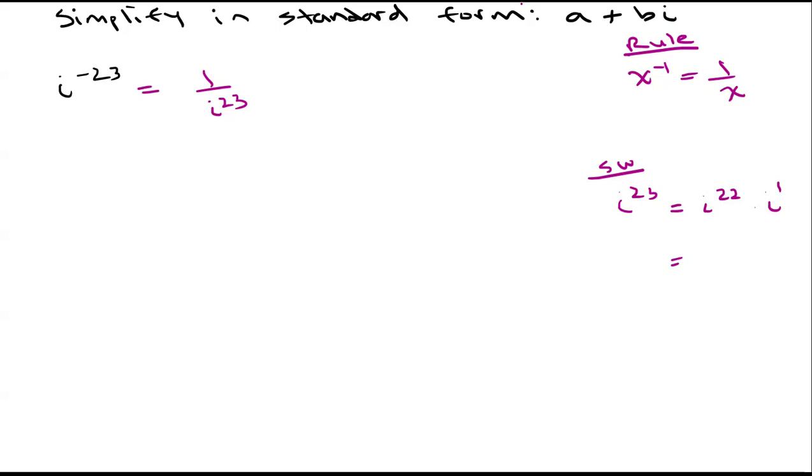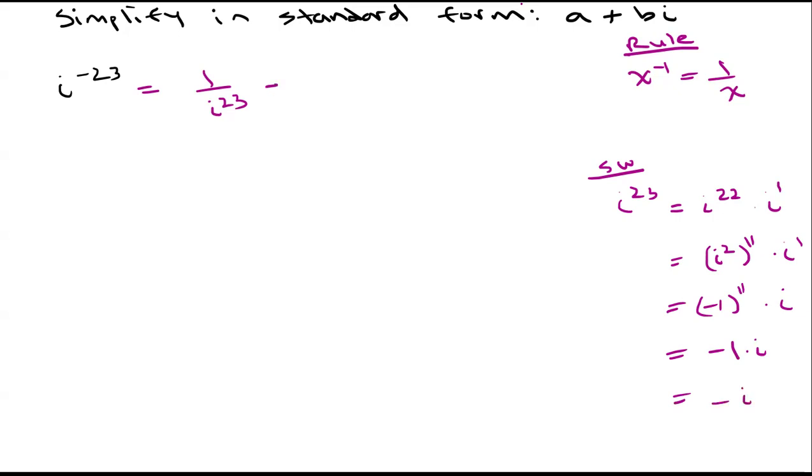So i to the 22nd, I can break that down to i squared raised to the 11th power, and I still have that i to the 1st. So i squared is negative 1. Raise that to the 11th power times i. Well, this is an odd power, so that means my output is still going to be a negative 1 times i, which gives us a negative i.